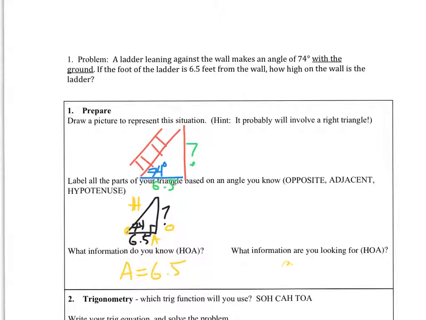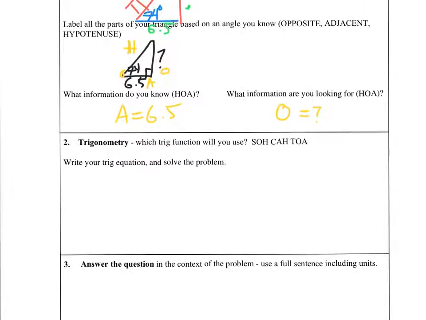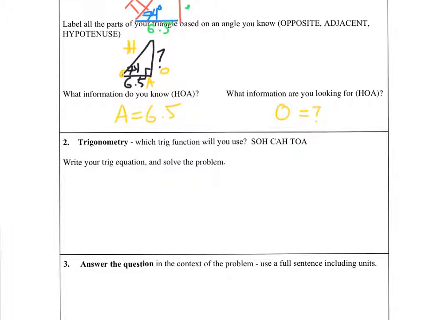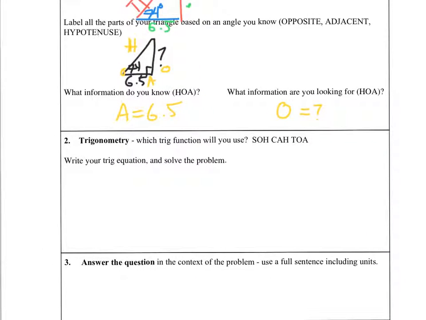We're looking for opposite, which is the question mark. We got some OA stuff going on. So that's going to be from SOHCAHTOA, the TOA part. So we've got tangent of 74 is equal to question mark over 6.5.